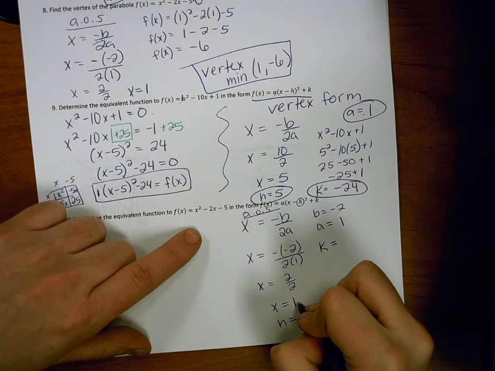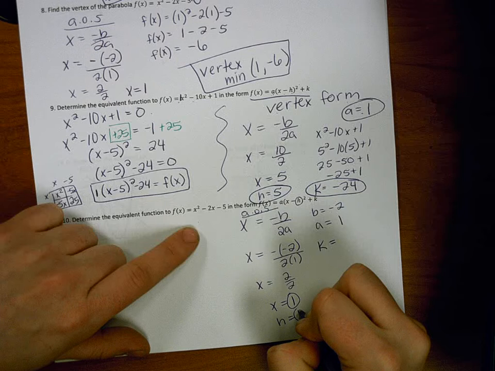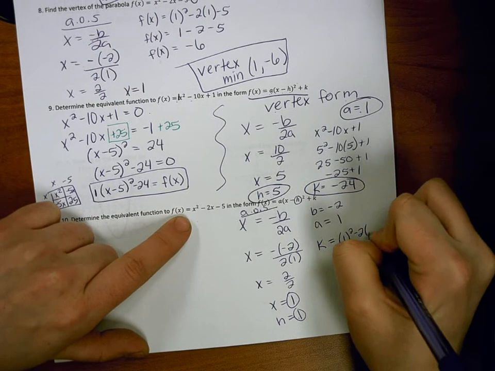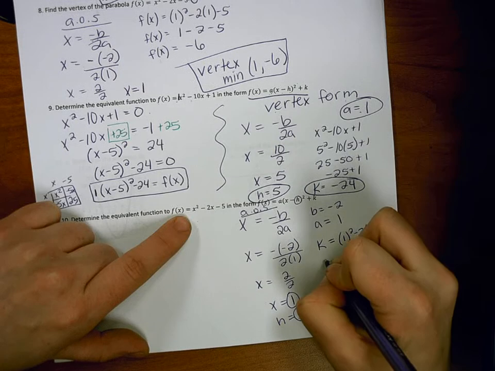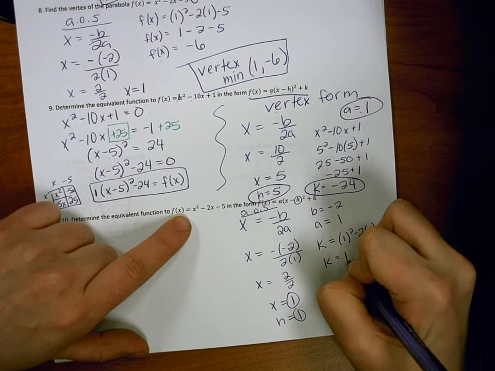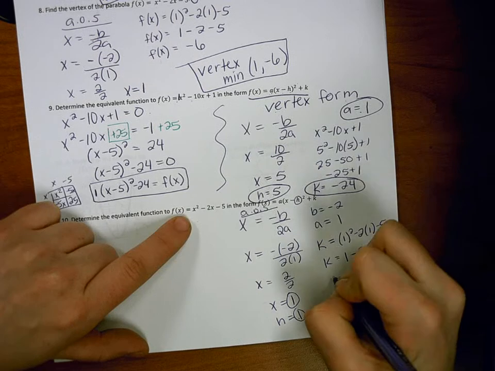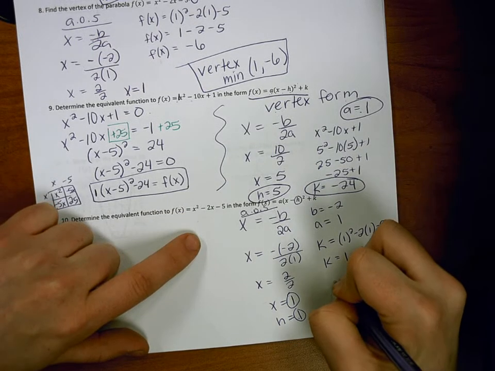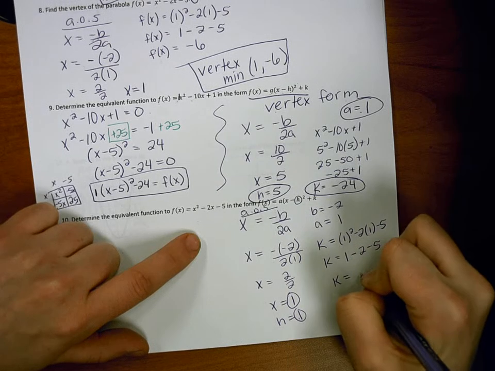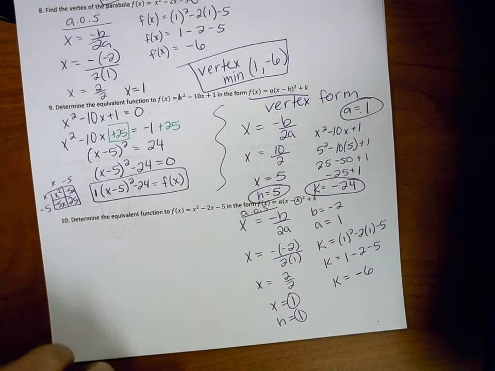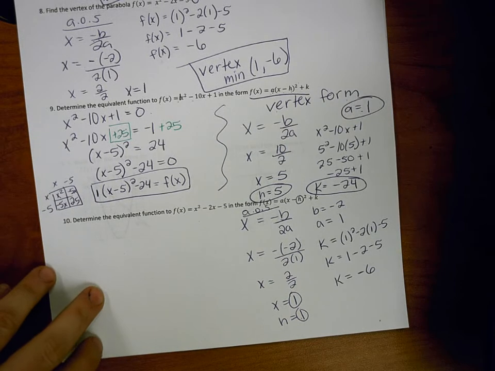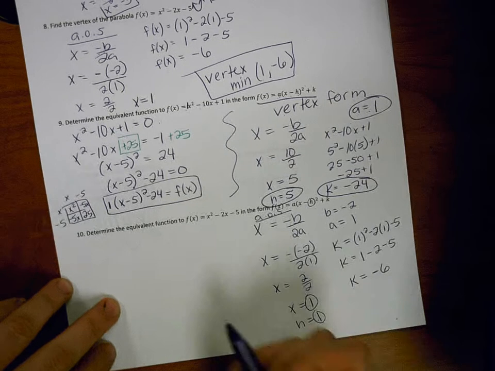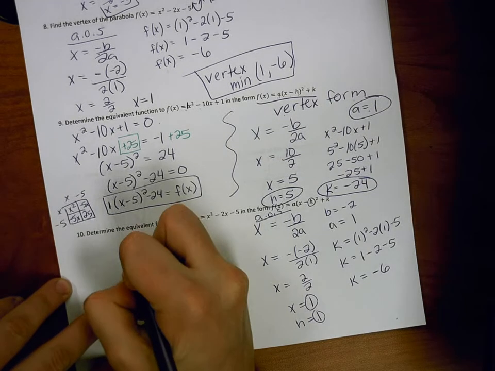So I'm going to plug in 1 into my equation, which is 1 minus 2 minus 5, which is negative 6. So I have 1 and negative 6 that I'm going to plug into my formula.